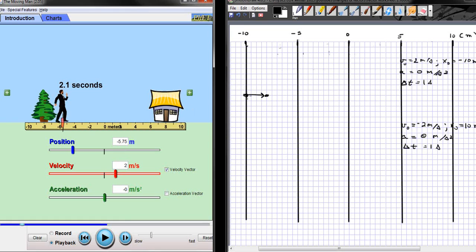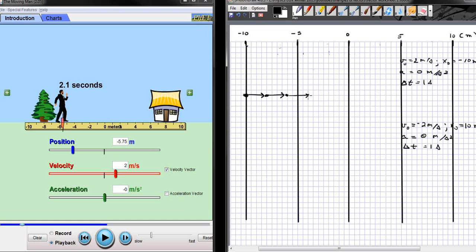So he's gone 2 meters to the right. Now he's going to go another 2 meters to the right, which will put him right here. So he's at -6. So I'm going to put a dot right there, and I'm going to draw another displacement vector.